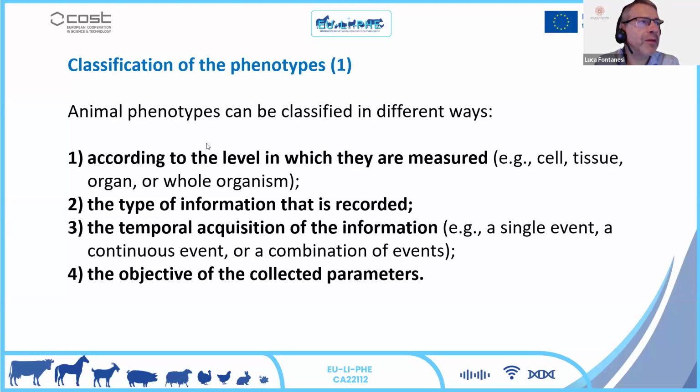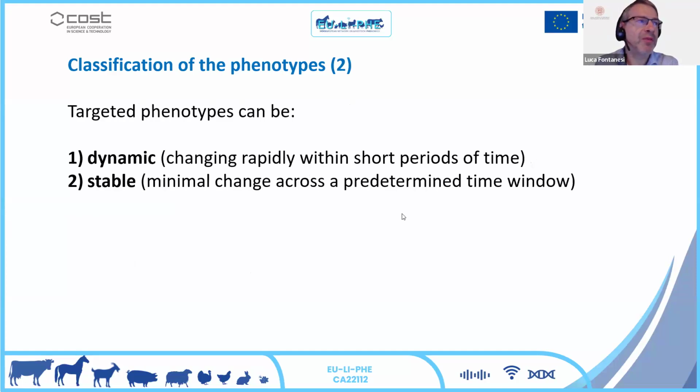So the first level of complexity can be easily identified by the way in which we can classify phenotypes in animals.